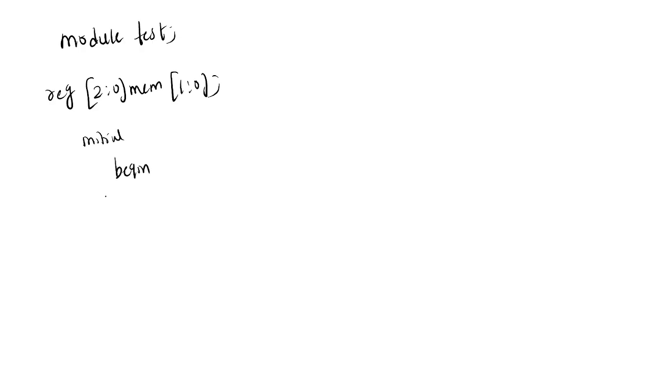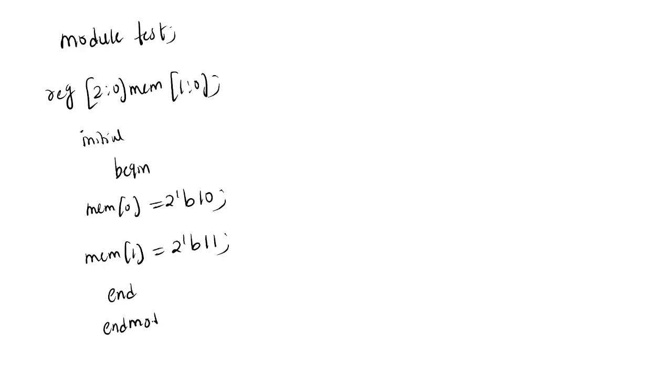If multiple statements are there, you need to write them between the initial begin and end block. Initial means procedural blocks. When you are using reg data type, you need to use procedural blocks, either initial or always. So mem[0] equal to 2'b10, mem[1] equal to 2'b11, end and endmodule.